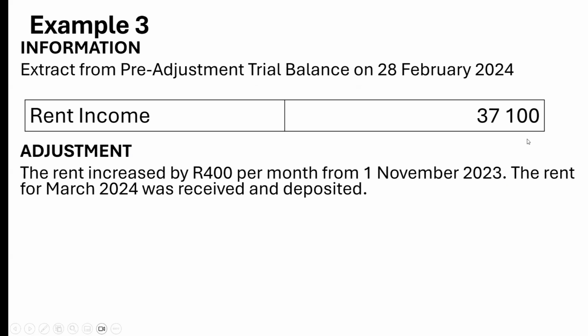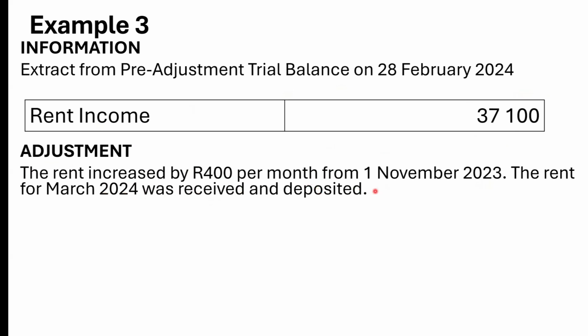So this is the rent that I have received during this year. But how much should it be? It says the rent increased by 400 per month from 1 November 2023. The rent for March 2024 was received and deposited.